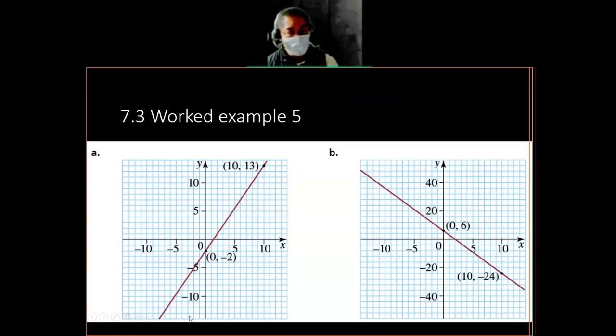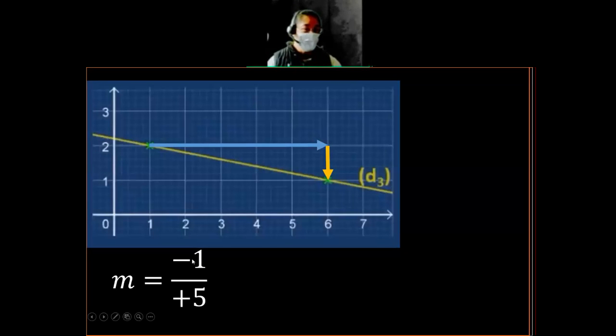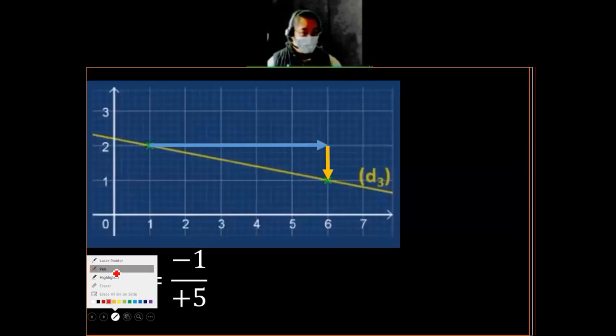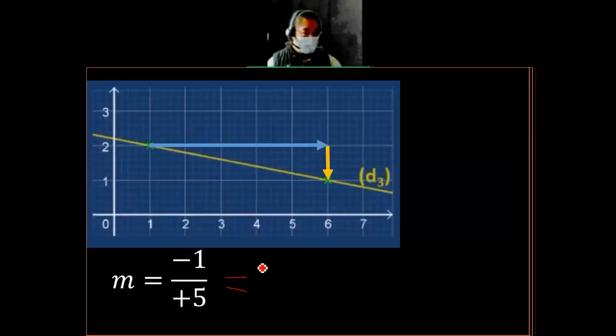So the convention, oh wait, I didn't do that. The convention for this is to write it as, there's two ways you can do that. You can put the negative in front of the fraction, like that. So you can write -1/5, or the negative coefficient will be with the numerator. So it will be -1/5.